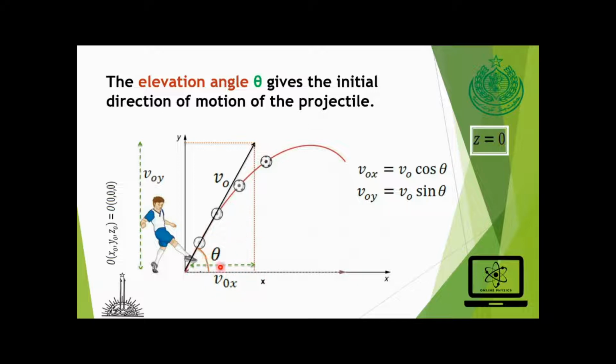So this is the x and this is the y component of the initial velocity. So v naught x is equal to v naught cos theta, v naught y is equal to v naught sin theta, same as you studied in matric and inter.